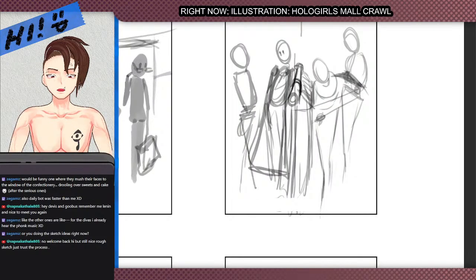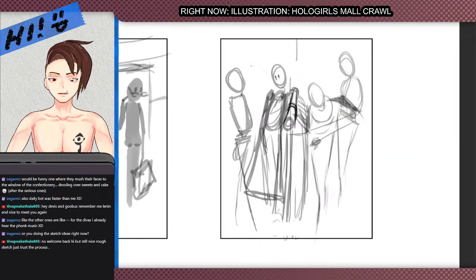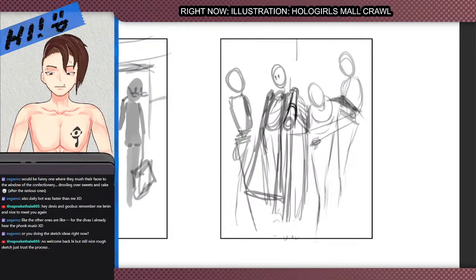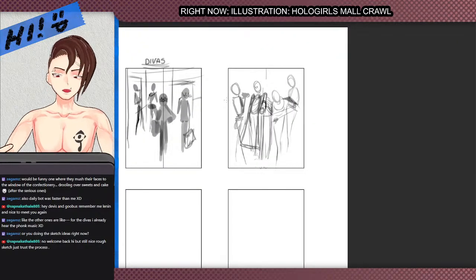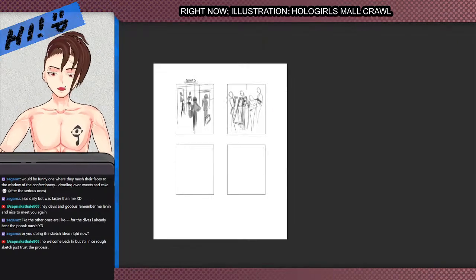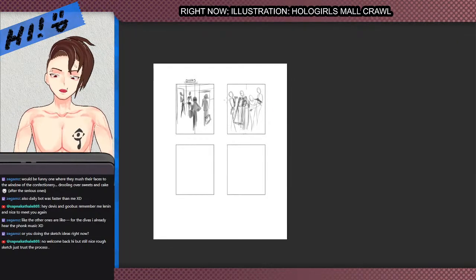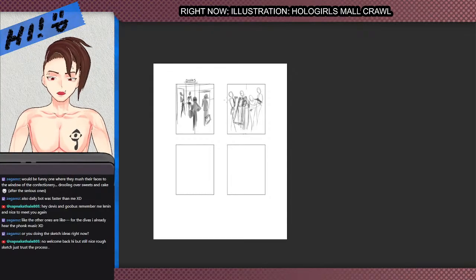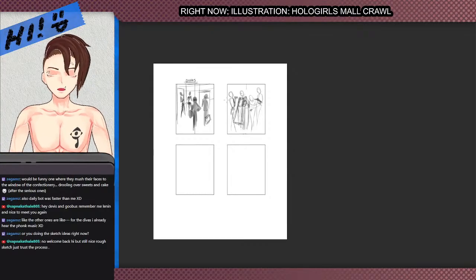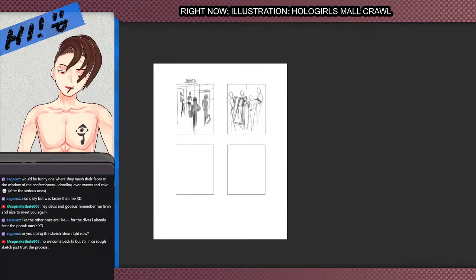That's the thing, considering where we are at with everything, I want to spend more time on this because I want to also figure out the backgrounds, right? This is going to be a little bit more advanced illustration. So I'm doing the thumbnails. I want to figure out the story, the mood I'm going to give.